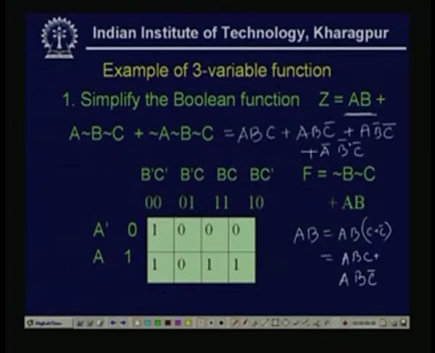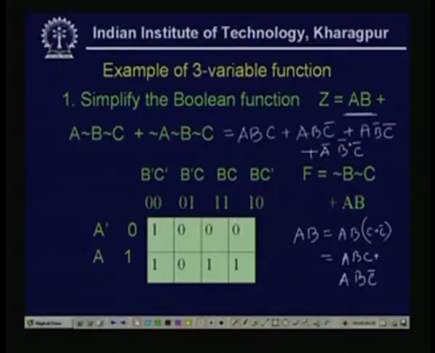Now, initially we are not reducing, rather we are extending, but as already discussed, this will help in drawing the K-map or just putting the ones in the K-map. So, now we can easily put the 4 ones.